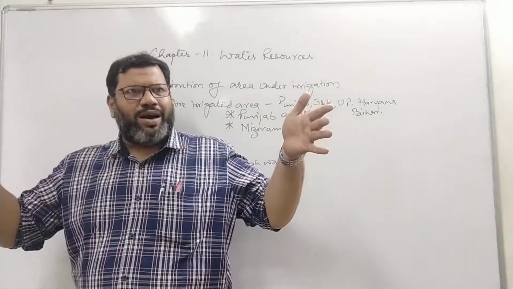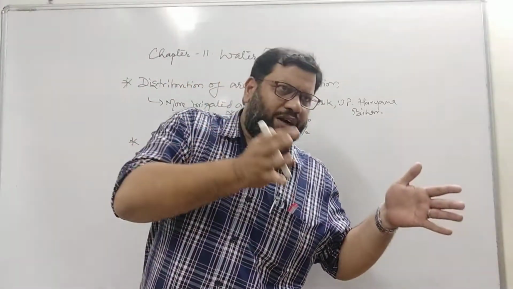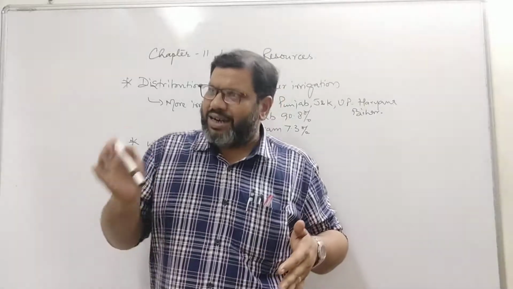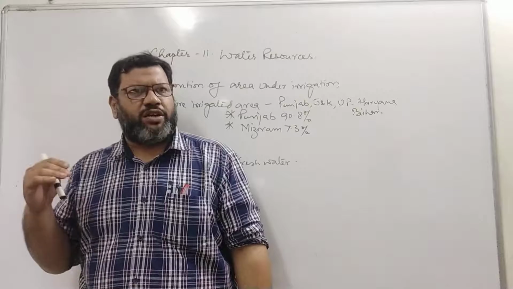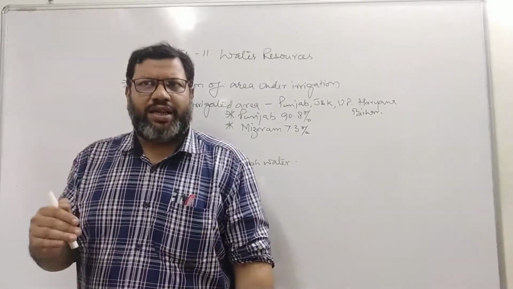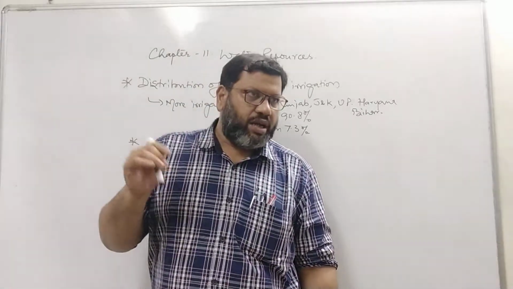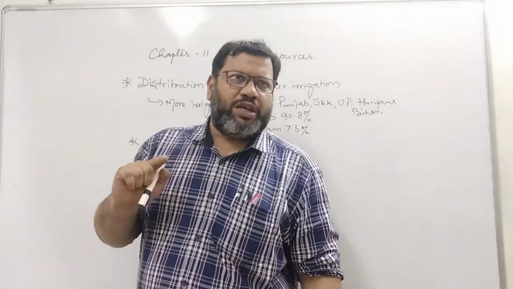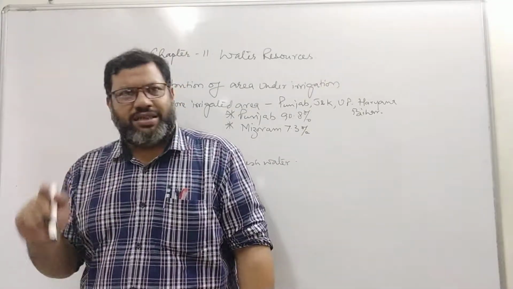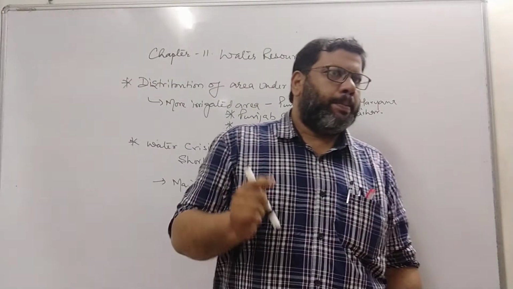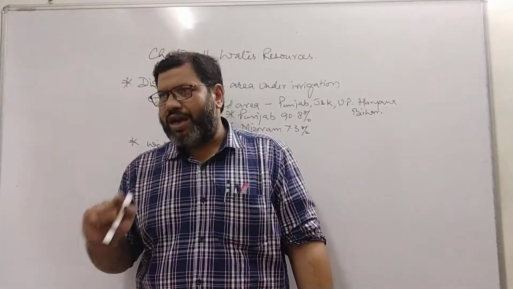So the total will be called the gross sown area, and where the activity is actually carried out is called the net sown area. In the net sown area, 38% of India's net sown area comes under irrigation facility, which means 62% of India's agriculture net sown area is still dependent upon rain for cultivation activities, खेती करने के लिए.